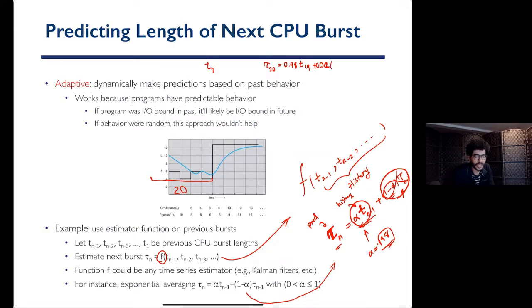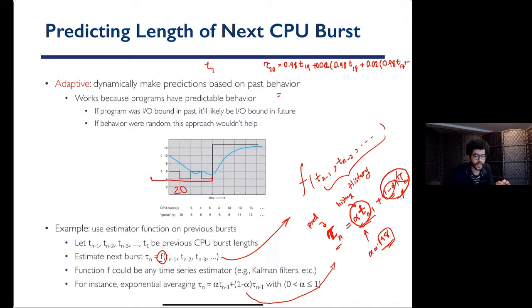But now what was tau 19? Tau 19 was 0.98 T18 plus 0.02 tau 18. Now, what was tau 18? It's going to be 0.98 T17 plus, and so on. So you get the idea.